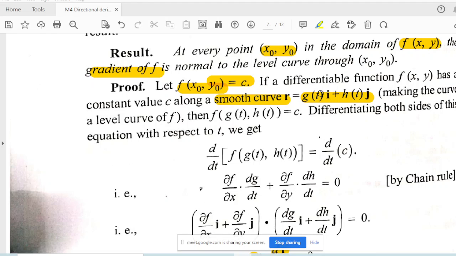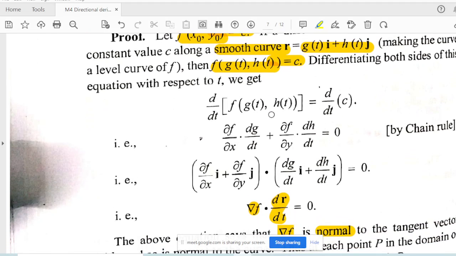So when we are converting our function into vector equation, for f of xy we can assume vector r equal to g of t i cap plus h of t j cap. Then if x of t is equal to g of t and y of t equal to h of t, then f of g of t, h of t, what will it be? If x equals this and y equals this, then f of this equal to c.